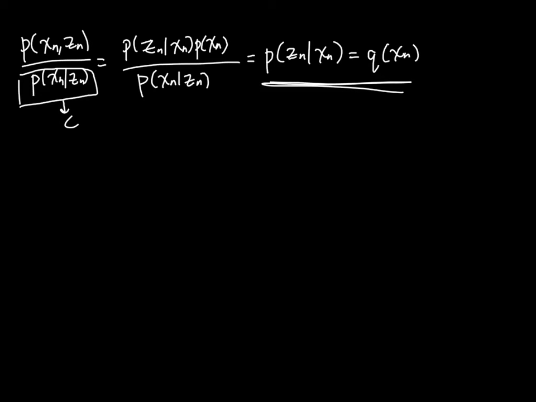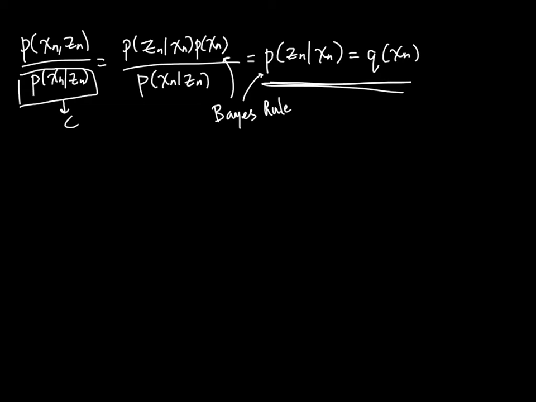We can then use a rule from probability theory called Bayes' rule. It's not too difficult, but you can look it up online if you're interested. Pretty much it means that you can break up a joint into a conditional, and then we can express this entire expression as P of zn given xn. Then we get that Q of zn is equal to P of zn given xn.